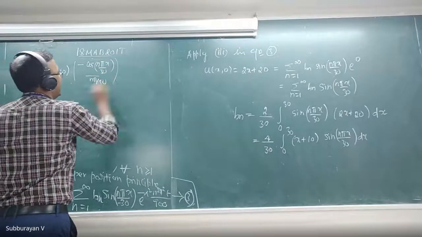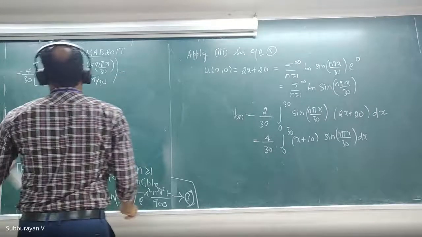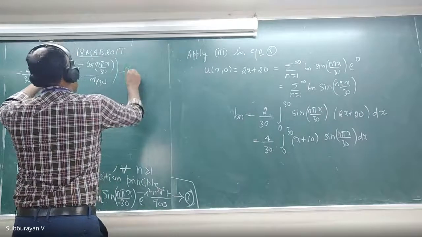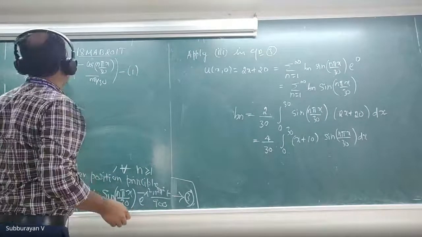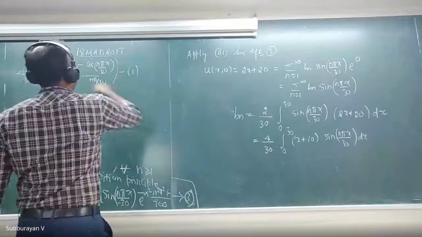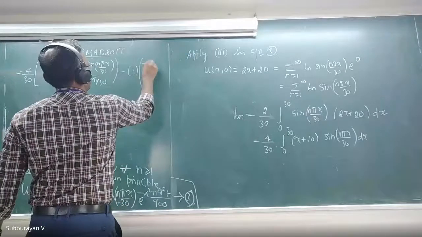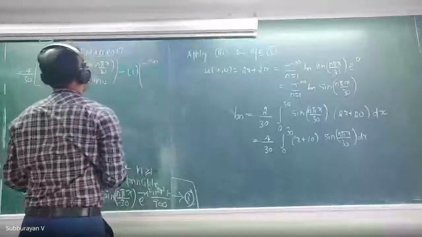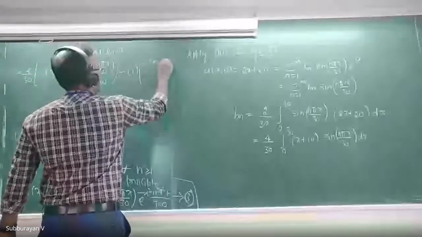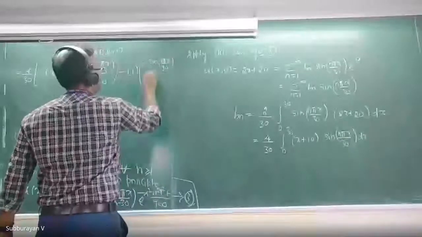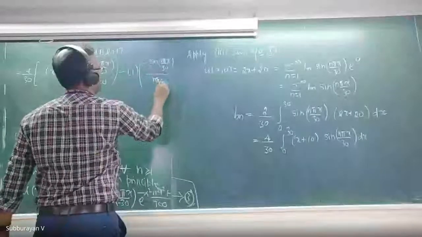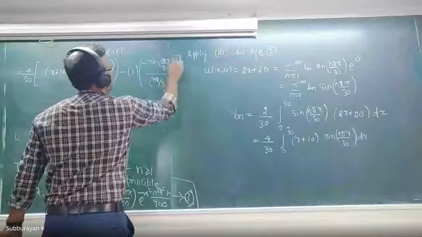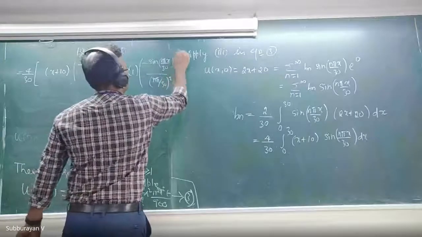Then minus, the differentiation of this function is 1, and the integration of this is going to be minus sin(n pi x divided by 30) divided by (n pi by 30) the whole square, from 0 to 30.